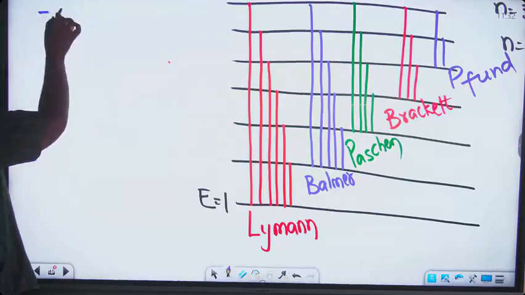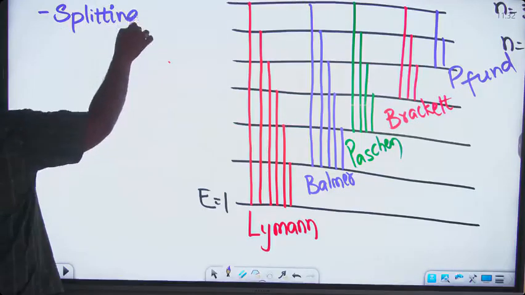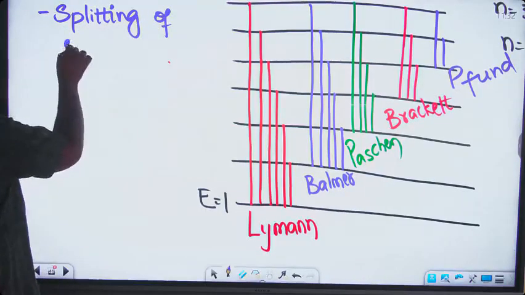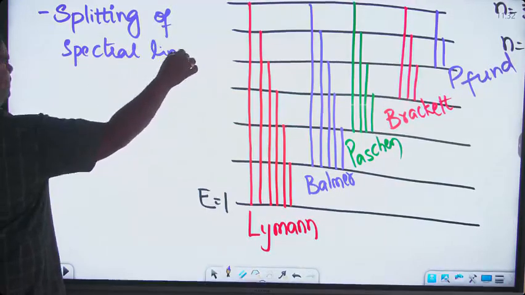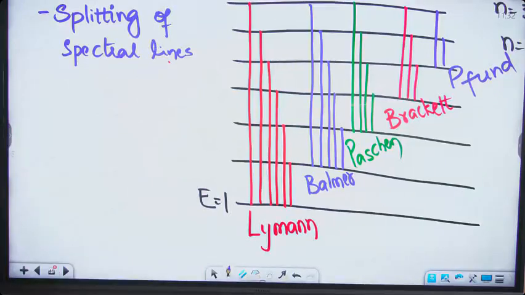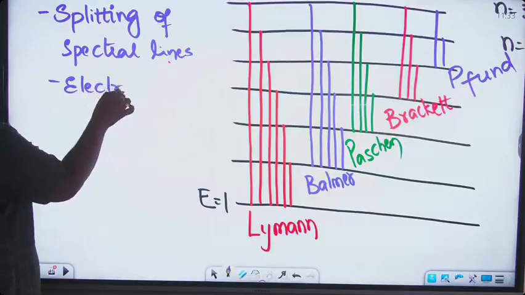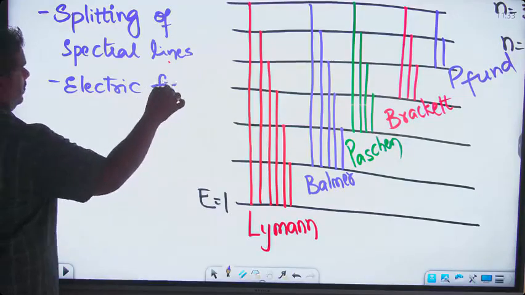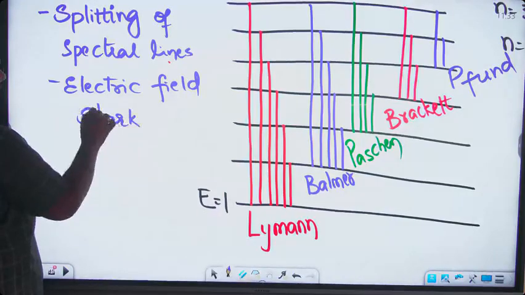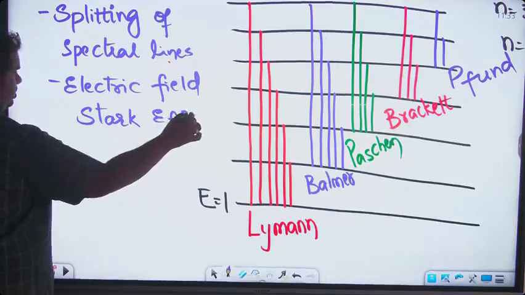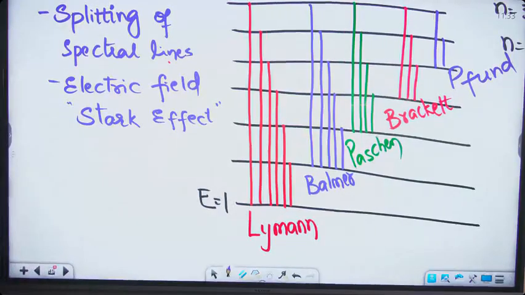Now what is that? The splitting of spectral lines in the presence of an electric field, that is known as the Stark effect.